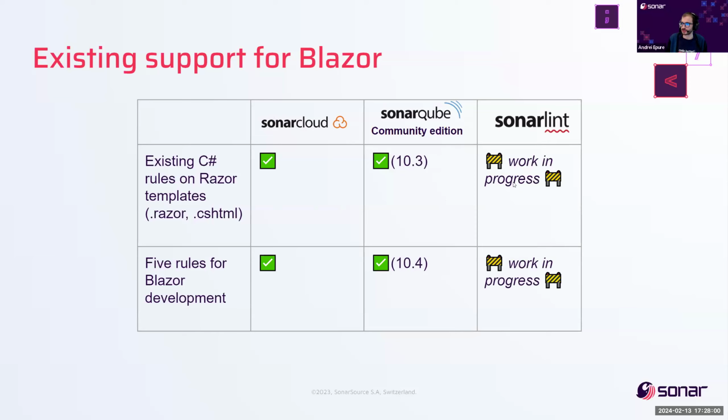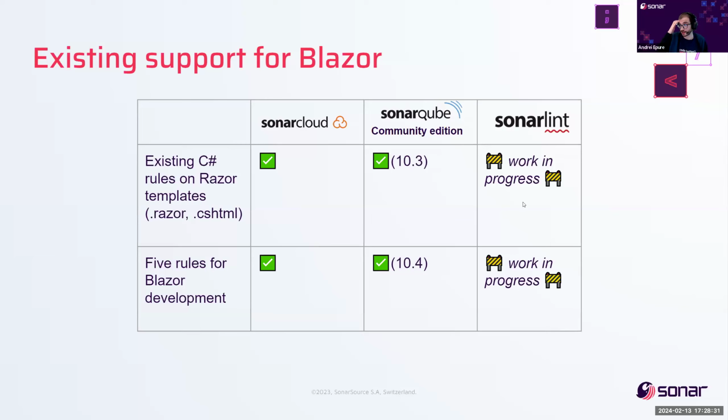And to give a quick explanation why we haven't shipped it yet in SonarLint is because of the source generators for the Razor templates. During the build, some source generators generate C# code for these Razor templates, and they work differently at compile time versus design time in the IDE. So they have slightly different implementations, and we need to support basically a different behavior.